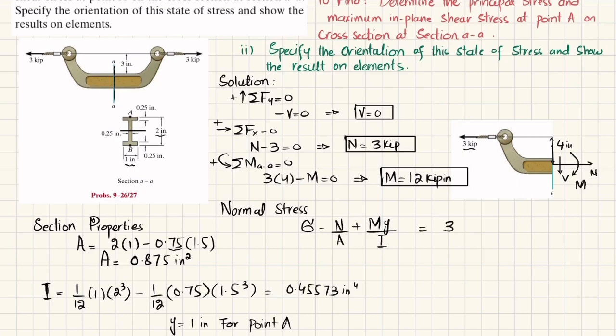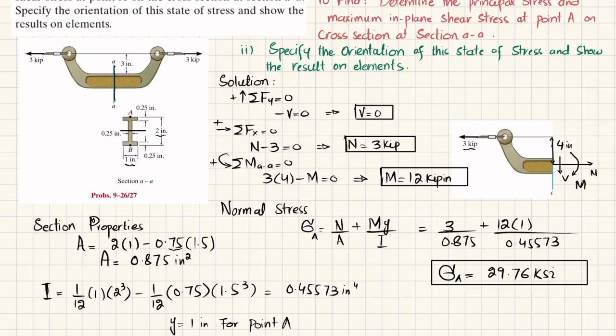N is 3 kips, so 3 divided by area 0.875, plus moment is 12 kips, so 12 into Y is 1, divided by I, which is 0.45573. When you solve this, you will get the stress at point A, which comes out to be 29.76 KSI. So this is the normal stress acting at point A.